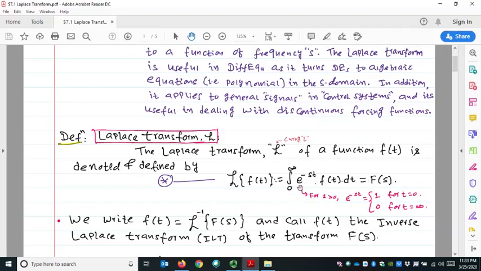So a small comment here: this multiplier e to the power negative st, for s positive, is 1 for t equals 0 and decreases to 0 as t goes to infinity.